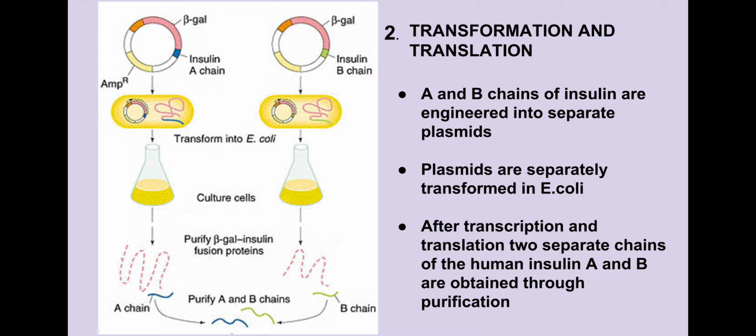So we would have a colony of bacteria producing one type of chain and another colony producing the other type of chain. Now after transcription and translation, we will get two separate chains of insulin, A and B, and we will purify both of these chains.